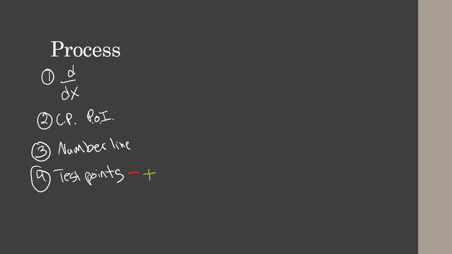So this is a practice to show what we're going to do. We're going to have a number line. We've taken our function and we've derived it, and we've gotten that our derivative is all nicely factored out. We've got x plus 10, x minus 10, x plus 2, x minus 2, right?